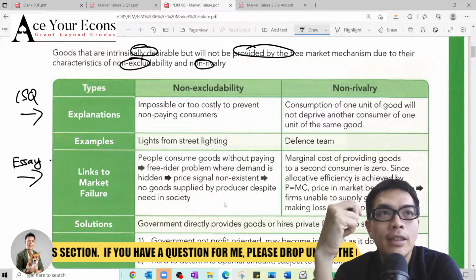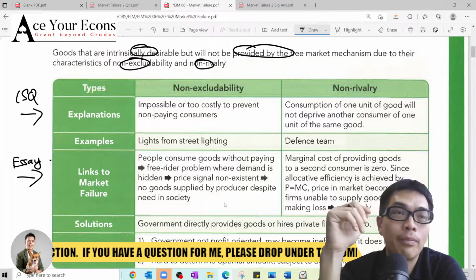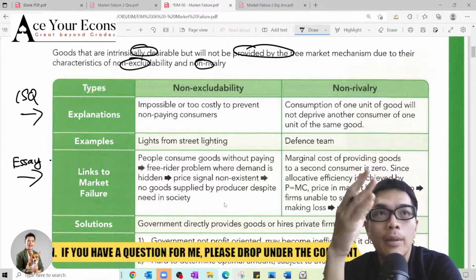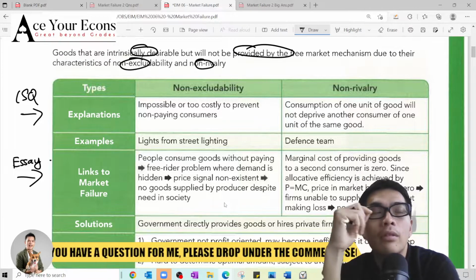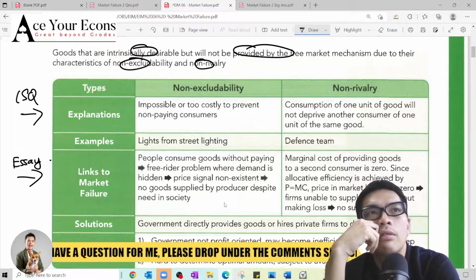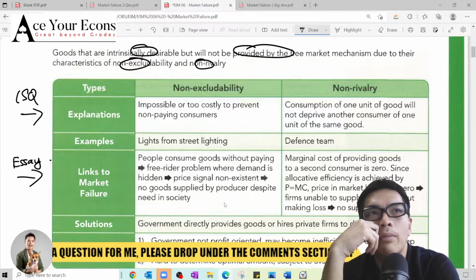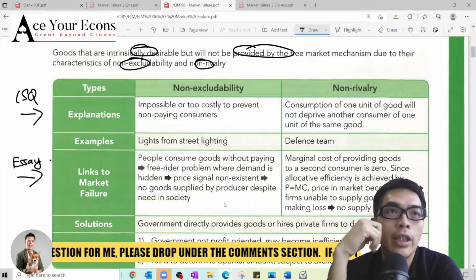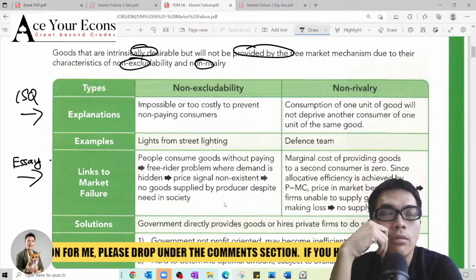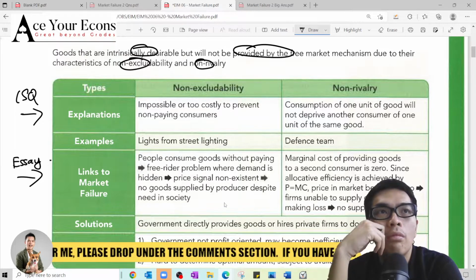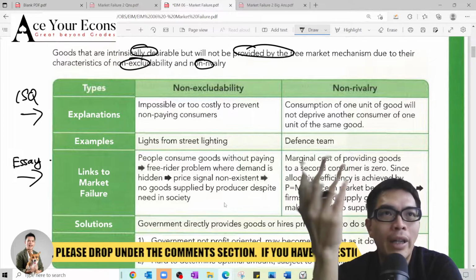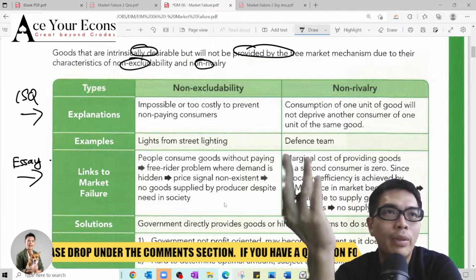So let's say Mr. Teo paid for this street lighting, and Kek Ming is standing beside me. Kek Ming did not pay for that. So can we prevent Kek Ming from using the light to navigate around the streets? It's quite hard, right? Unless we blindfold Kek Ming or we blind him.